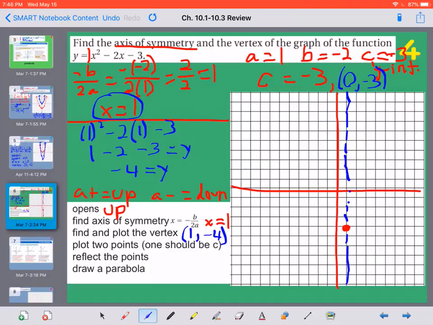I know I have my y-intercept at 0, negative 3, so I got a point right there. Now it says reflect the point, so what I'm going to do is reflect that across the axis of symmetry. Our axis of symmetry is like a mirror. Now finally it says to just draw a parabola, so I'm going to draw a parabola.